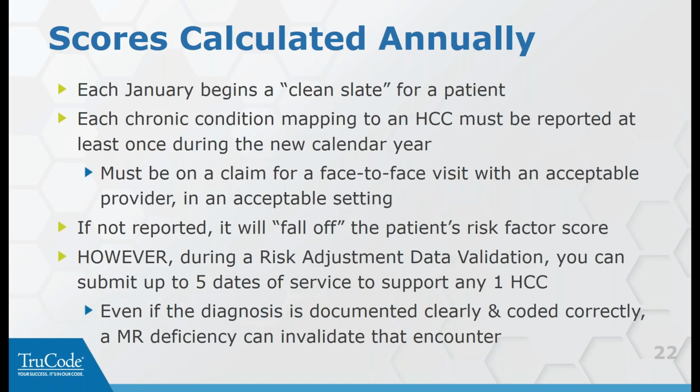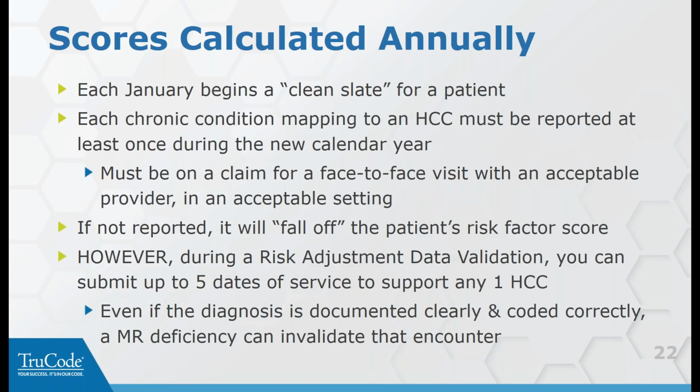It must come from a claim for a face-to-face visit with an acceptable provider in an acceptable setting. As I mentioned earlier, inpatient, outpatient, and physician office are the acceptable settings. If it's not reported in that new calendar year, then it's going to fall off and not carry any weight in that patient's risk factor score. And this is an area where physician education is going to be important.